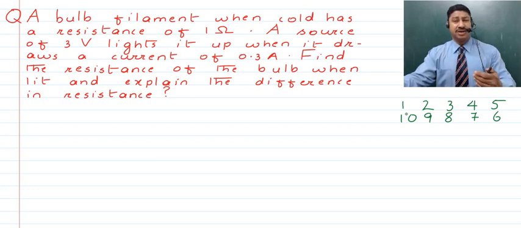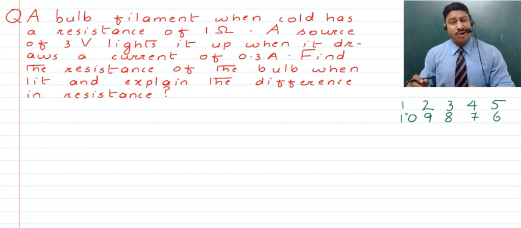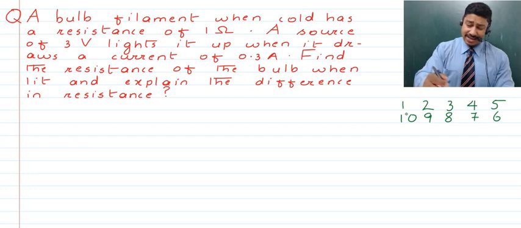So, when a bulb filament is cold, then its resistance will be less. However, when it is given light energy, then obviously it has become very hot, and that is why its resistance will also increase. Moreover, here we'll be finding out what its resistance is when it is hot.